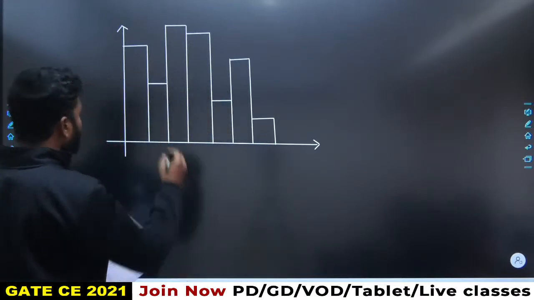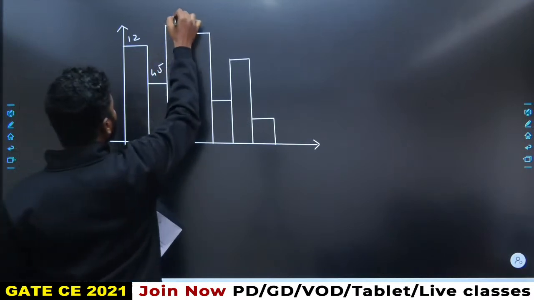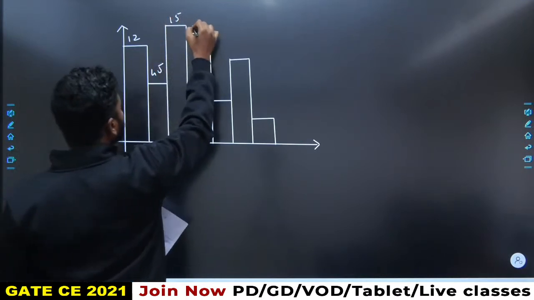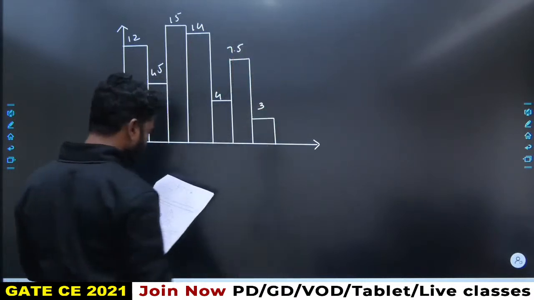So, this is 12 and this one is given as 4.5, this one is given as 15, this one is given as 14, this is 4, this is 7.5 and this one is 3.